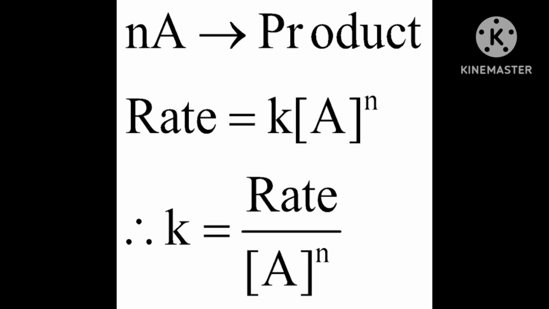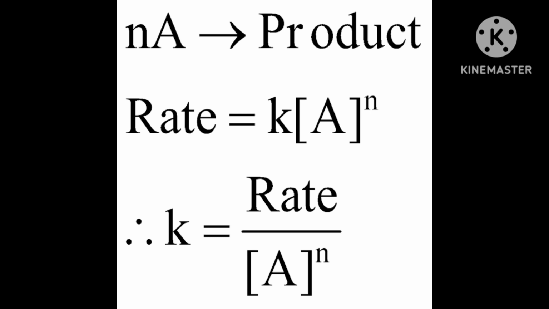For example, you have seen that up to 50 seconds the rate was the same. From the start to 50 seconds the rate was the same during this period. From 50 to 100 seconds the rate was again the same, and from 100 to 150 again the rate was the same. This is the data; now I will solve the numericals.